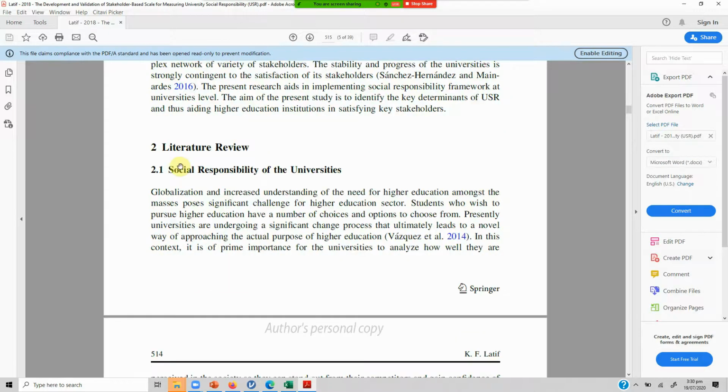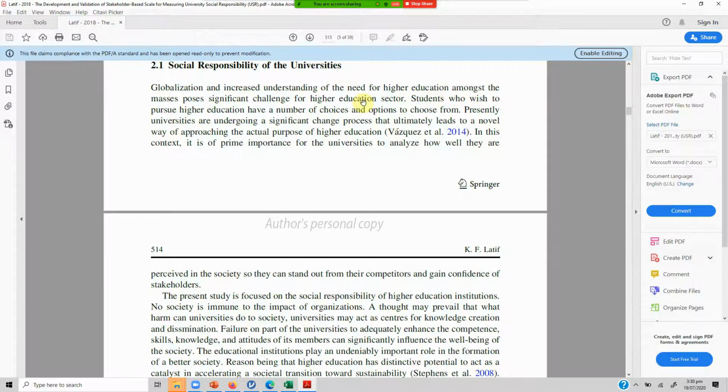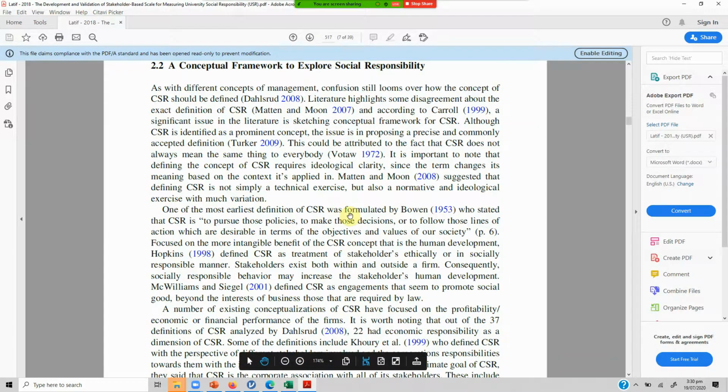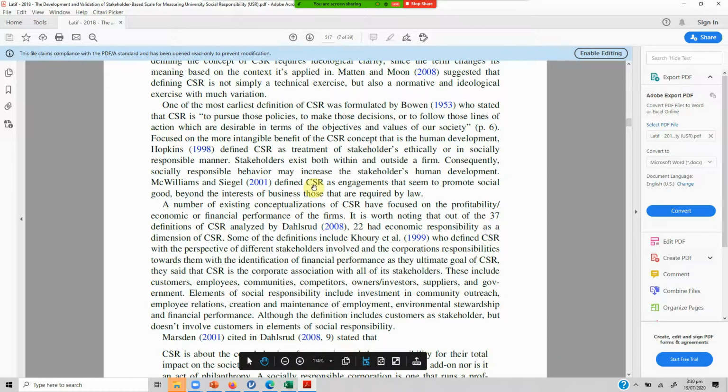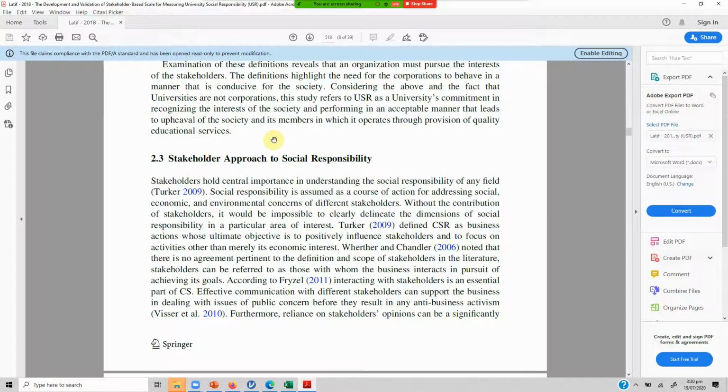Once this is done, you write the literature and you explain your scale, like this: social responsibility of the university. So what is social responsibility of the university? What conceptual frameworks are available to explore or establish university social responsibility? What approaches have been used?